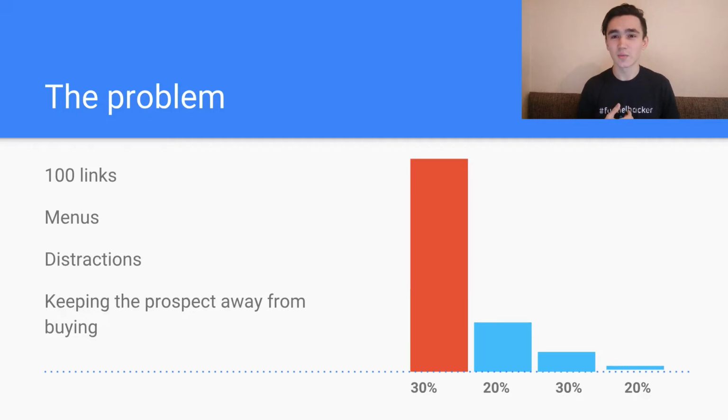So in the end, from 1,000 people, you'll end up with maybe 10 purchases, which is terrible conversion. And sales funnels make it easier and make it more optimized for selling online.